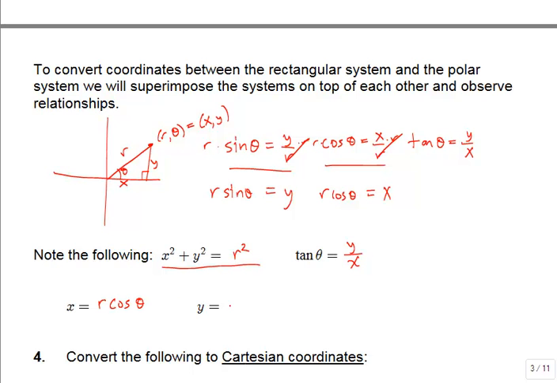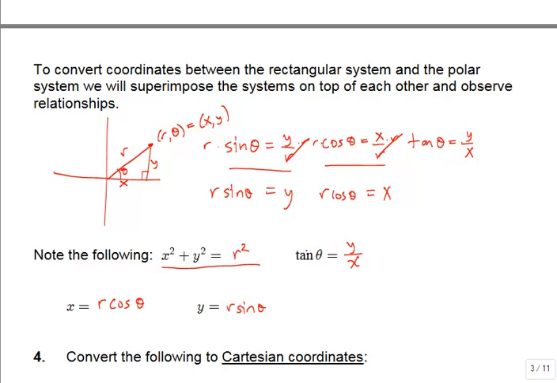To get y, you would take your r times sine of theta. And if you want to find out what your polar coordinates are using x's and y's, to get your r, you would use that r squared is x squared plus y squared, and to get your angle theta, you would use tangent of theta is equal to y over x.